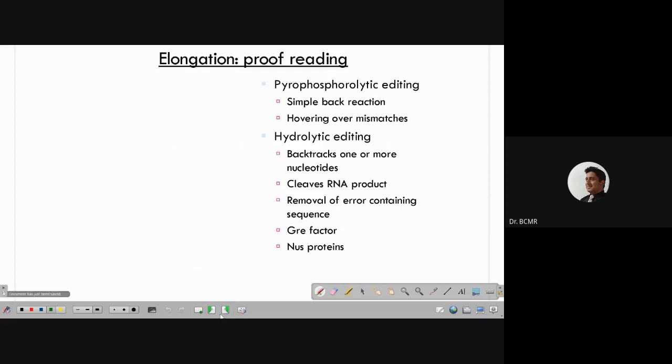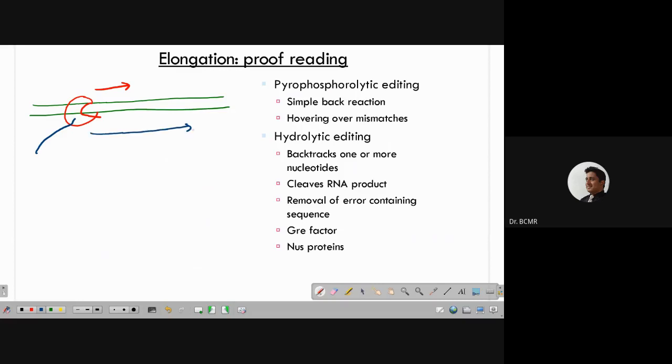So in today's class, what we will learn is more about elongation. Elongation is probably the simplest one. As I was describing about the polymerization, the RNA polymerase will just keep traveling in this direction, and as it is moving, it will keep producing the RNA, right? There is no big deal about it.